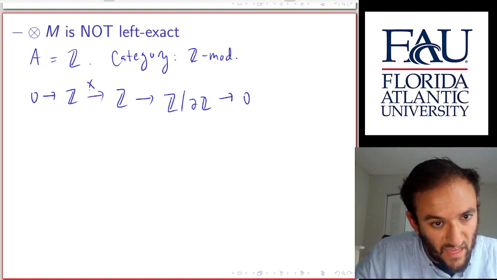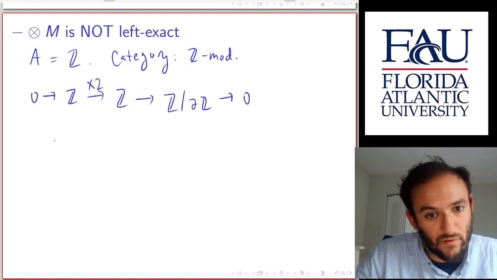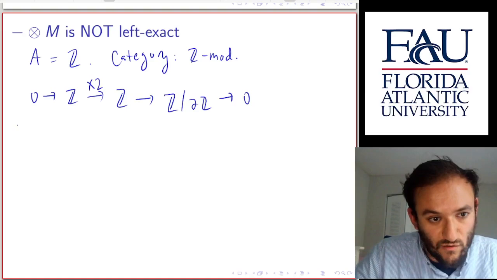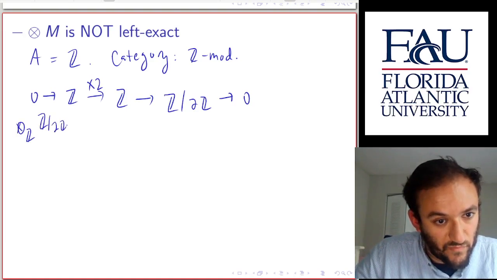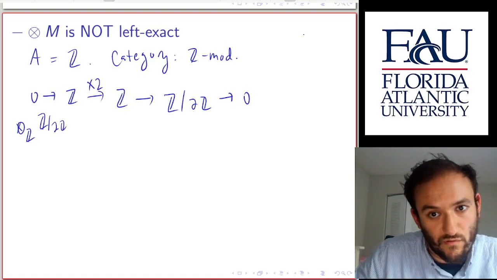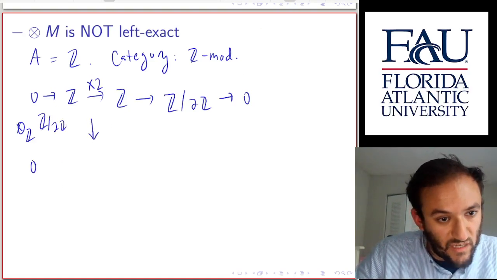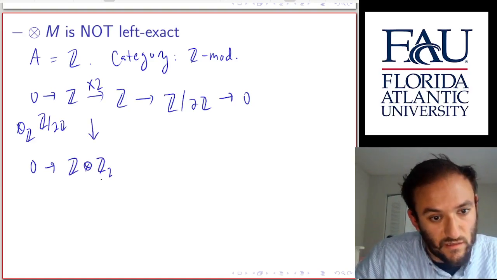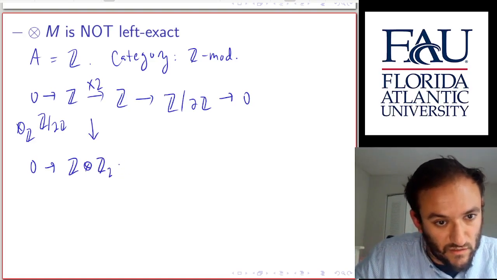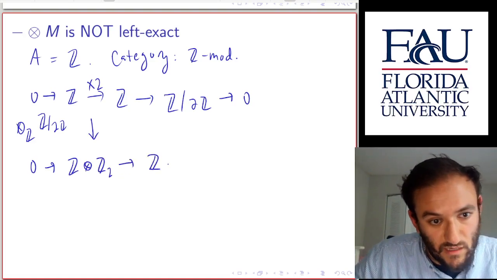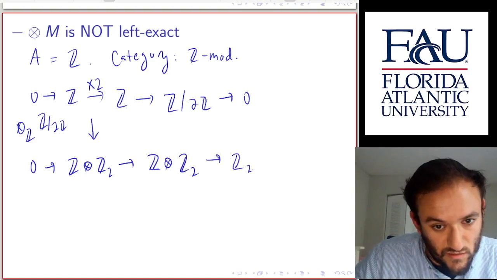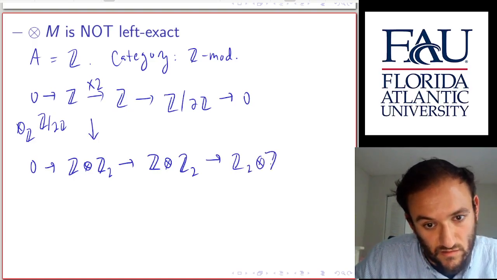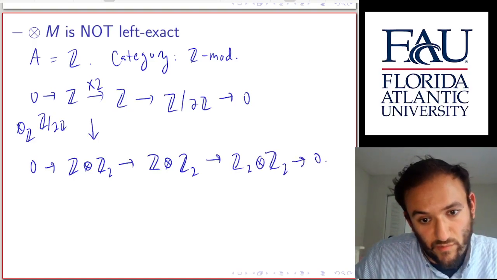So the map here is going to be the multiplication by 2 map. Now consider what happens when we tensor over Z with Z mod 2Z. So this sequence becomes 0, Z tensor Z2, I'm going to abbreviate Z mod 2Z as Z2, Z tensor Z2, Z2 tensor Z2 maps to 0.